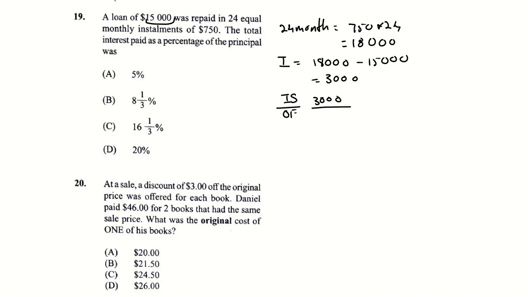What is your principal? The loan, 15,000, sorry. You want to find percentage, you multiply by 100 over 1. Cross this off, 3 into 3, 1, 3 into 15 is 5, 5 into 5, 1, 5 into 100 is 20. So the answer is D.